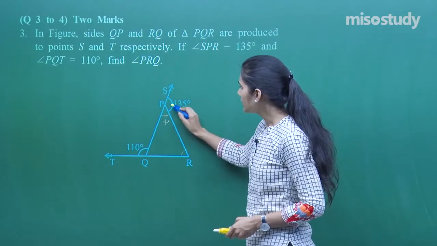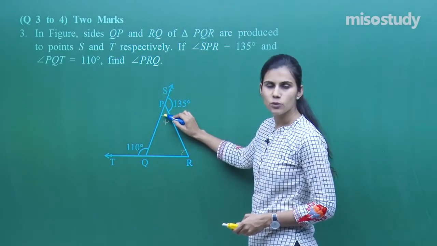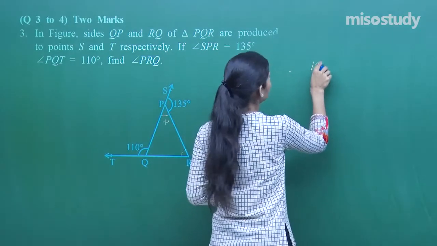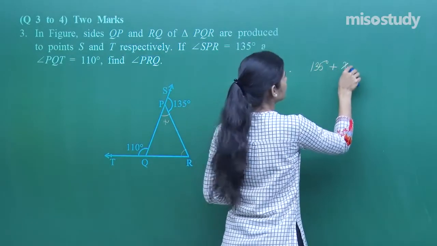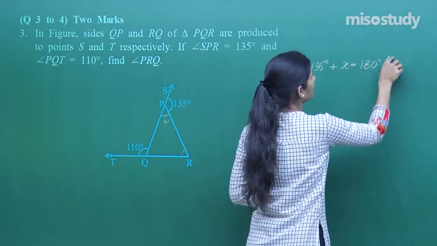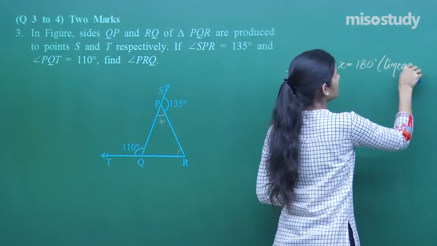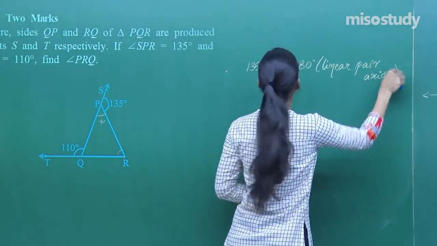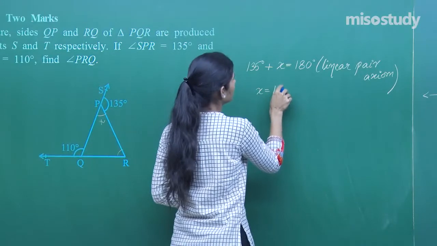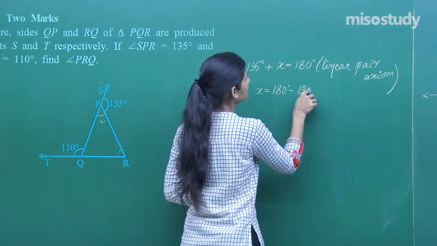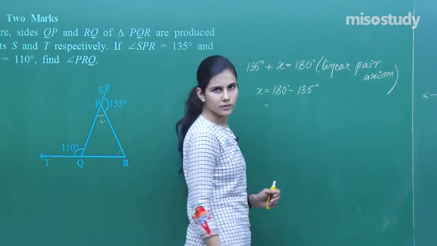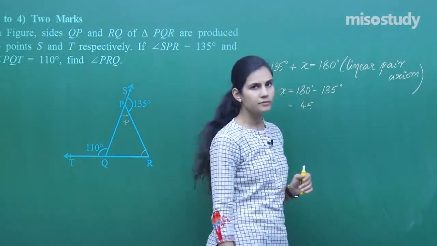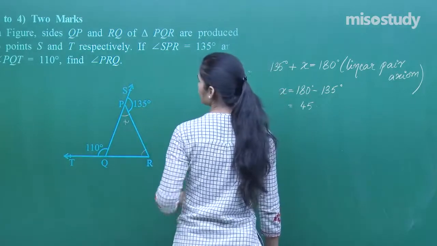So it is producing these two adjacent angles, which by linear pair axiom add up to 180. So you will have 135 plus x is 180. So x will be 180 minus 135, which is going to give you 45. So x has come out to be 45.